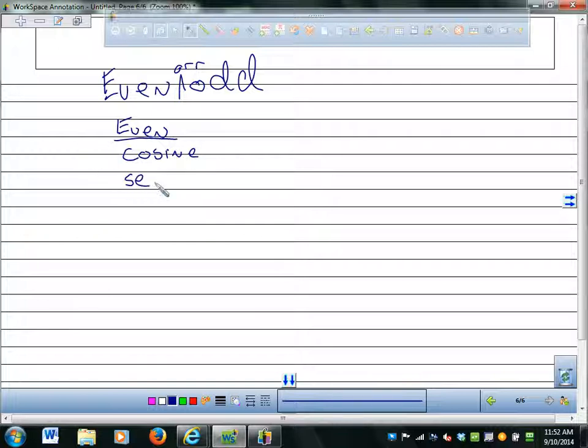And secant. Did I spell out the words longhand the other day? No. One is cosine, which we've abbreviated cos, and secant, which the common abbreviation is sec. Okay? I don't know, I just say stuff.